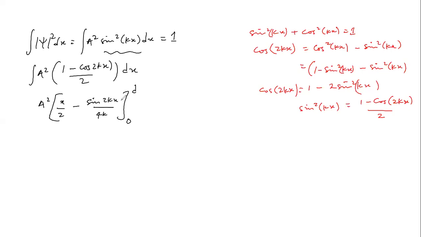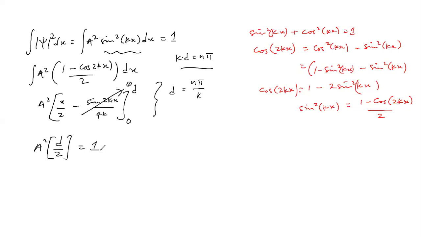Now, d is the same as n pi over k, because recall that k times d is equal to n pi. If we substitute 0 here, sine 0 is 0. If we substitute d, we get n pi, so this expression also reduces to 0. So we have A squared times d over 2 minus 0, which is d over 2, and this is the same as 1.